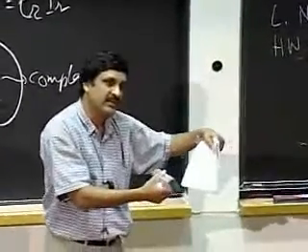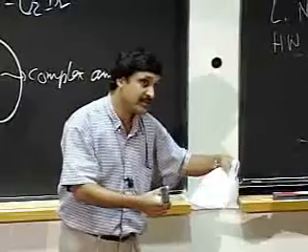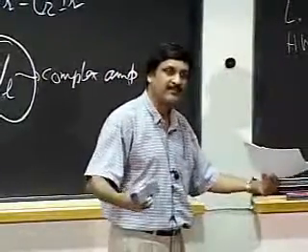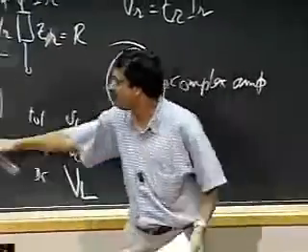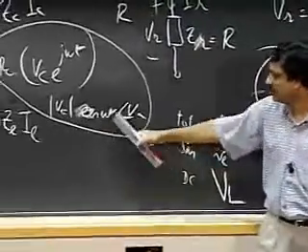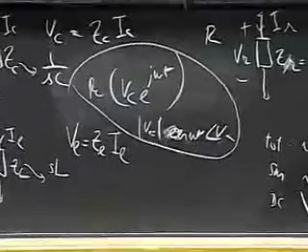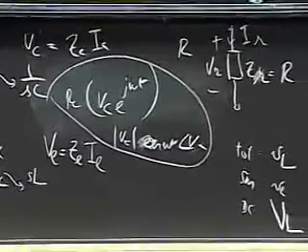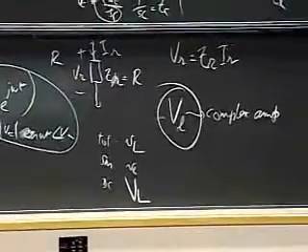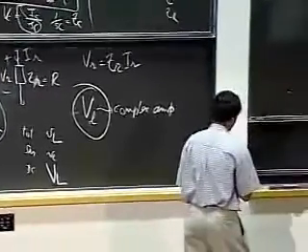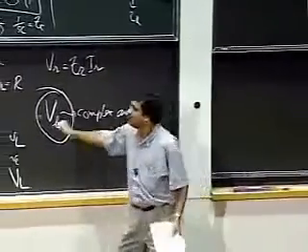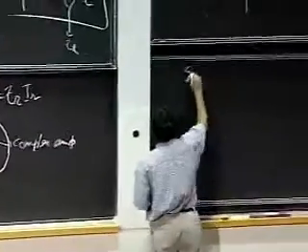You take that number, multiply it by e to the j omega t, take the real part, which is tantamount to magnitude cosine omega t plus angle of that number. Actually, you know what? Let's set this up. Okay, so back to our example.